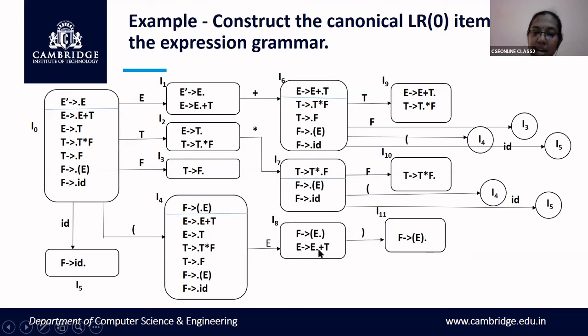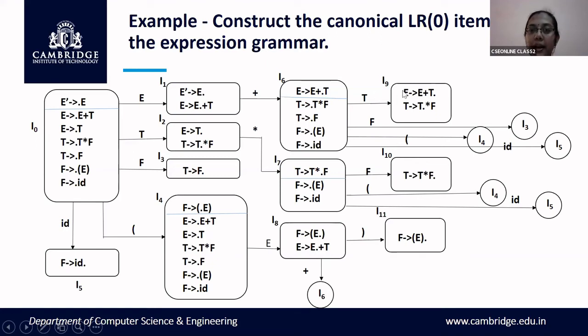E derives E plus dot T. Take T's closure. Dot will be followed by F. Take F's closure. So this state repeats again. So instead of putting an arrow mark here, I'll just mention the state number in the circle. So this is the go-to from I8 to various states. I8 on close parenthesis goes to I11, and I8 on plus goes to I6. Okay. So done with I8.